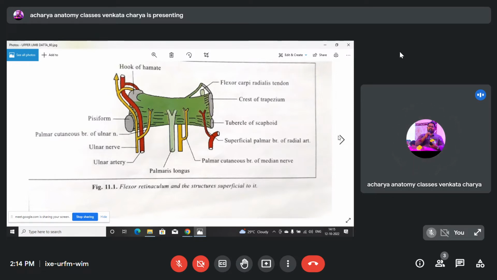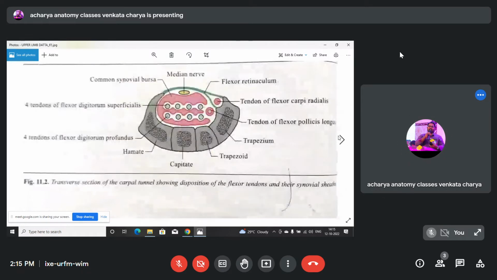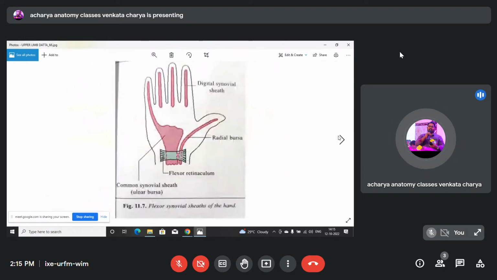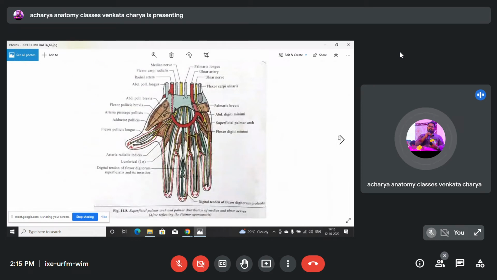Number 1, superficial palmar branch of the radial artery. And number 2, deep branch of the radial artery.